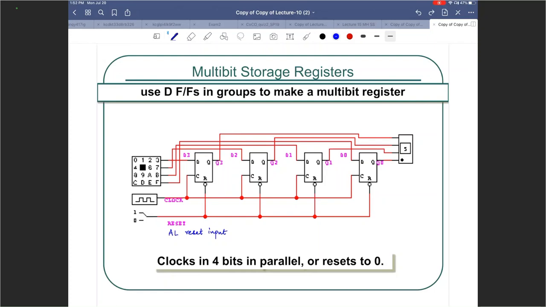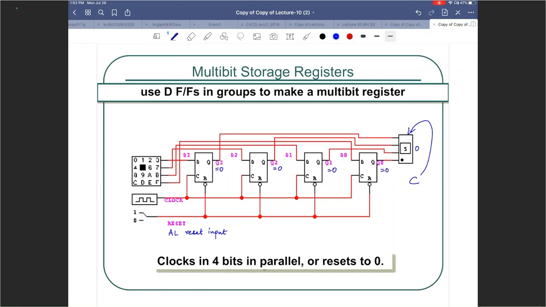If I make this 0, then Q3 will be 0, Q2 will be 0, Q1 will be 0, and Q0 will be 0, and you will see a 0 appear over there, right? Then suppose I want to make this say for example C. If I want to make C appear on the 7-segment display over here, what should I do?